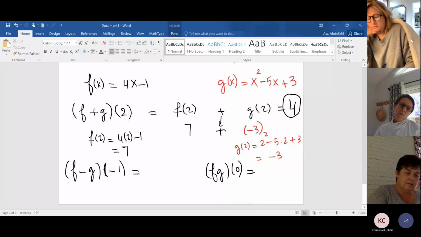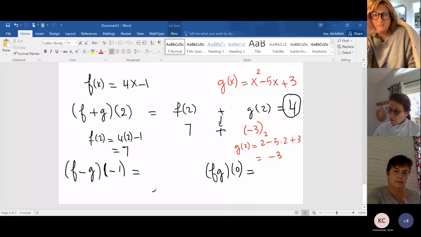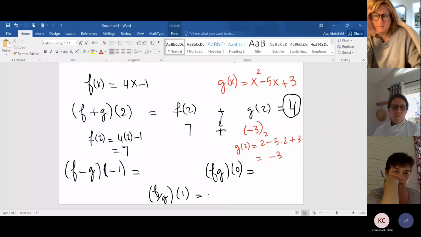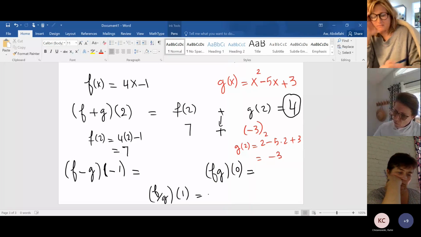And then f over g of 1. All right, go ahead, please. Every time you're going to plug in that number in both functions, and either subtract, multiply, or divide, right?